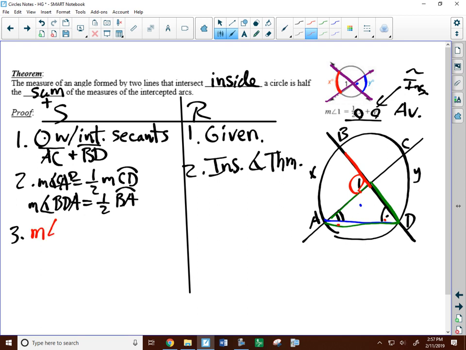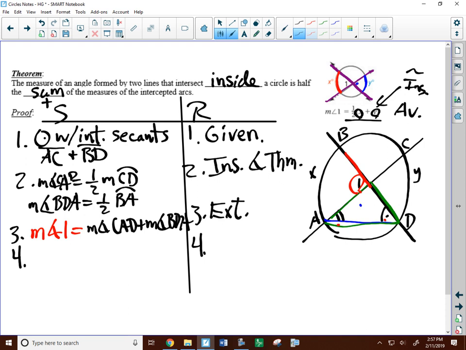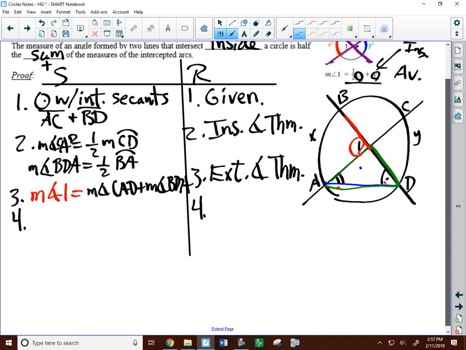So I know the measure of angle 1 is equal to the measure of angle CAD plus the measure of angle BDA. Again, that was called the exterior angle theorem, from Unit 3 on triangles. That's good because I needed angle 1 and I needed these arcs.